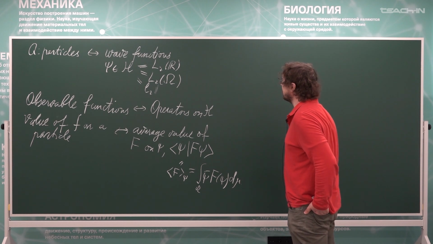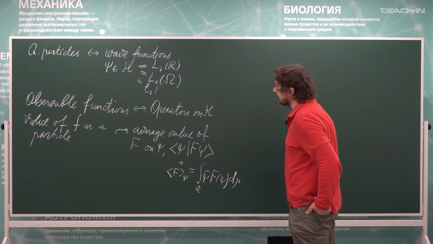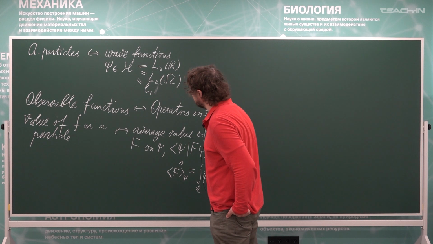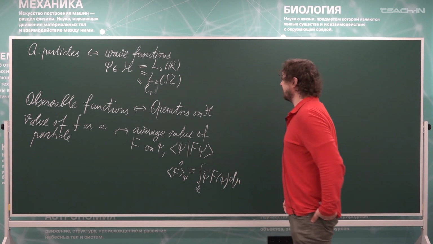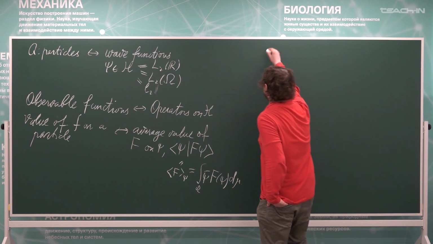and one can ask what are the analogs of other ingredients of Hamiltonian mechanics in case of quantum mechanics. One important ingredient of Hamiltonian mechanics was the Poisson bracket.